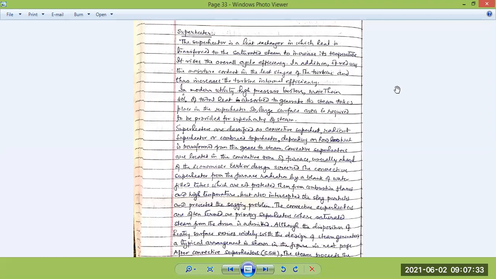So it is heated to vapor, and to increase the efficiency itself, and it is also used to reduce the moisture content in the last stage of the turbine, so that it increases the turbine thermal internal efficiency itself.